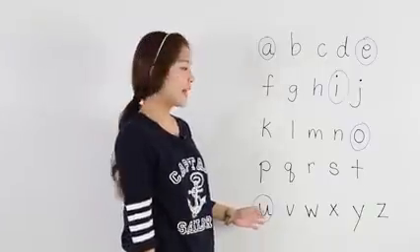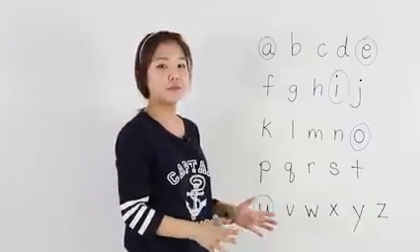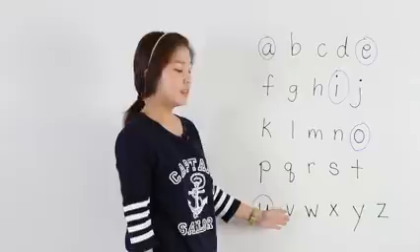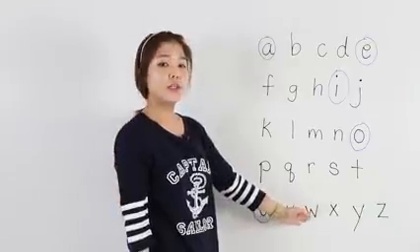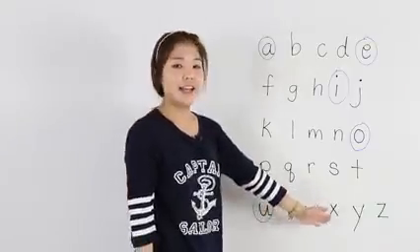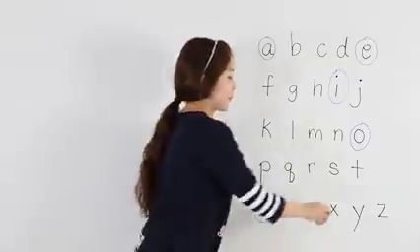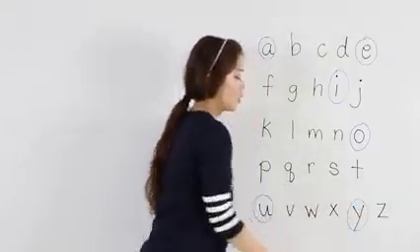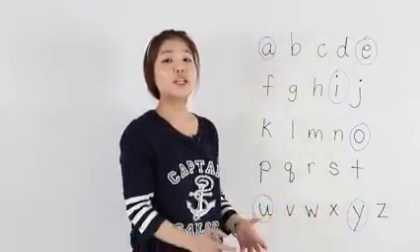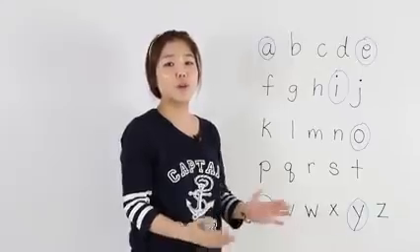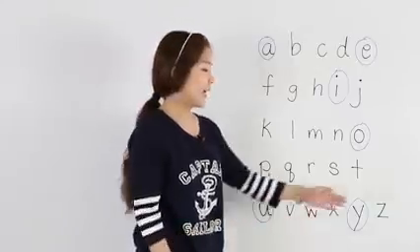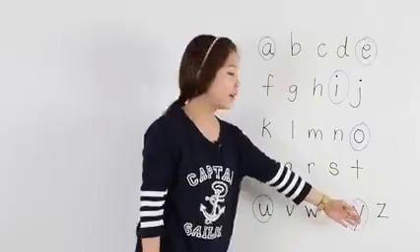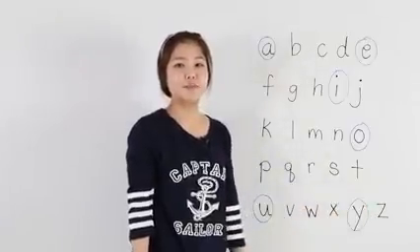U is the last main vowel. V, consonant. W, consonant. And X, consonant. Y is the special vowel, and we'll talk about that more later on. And Z is the last letter, and it is a consonant.